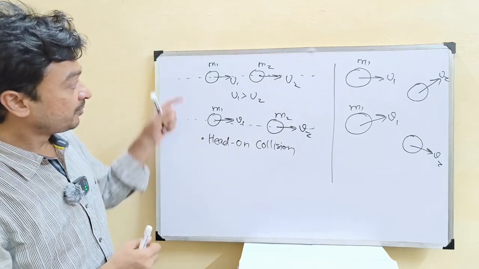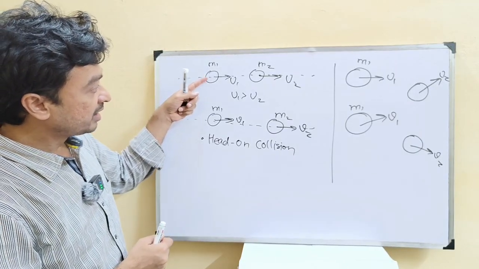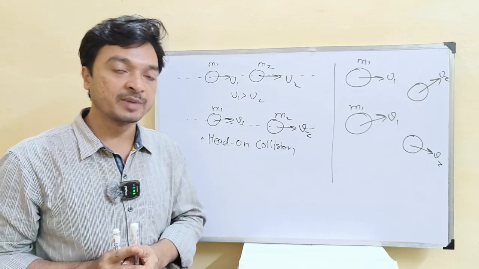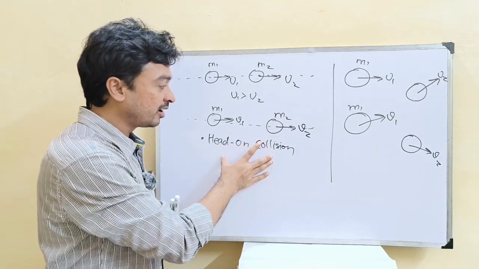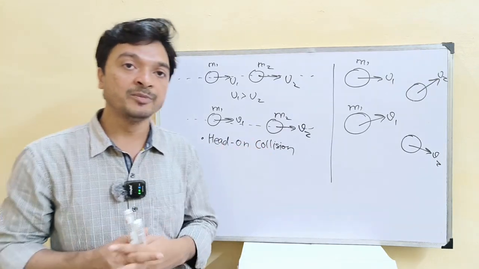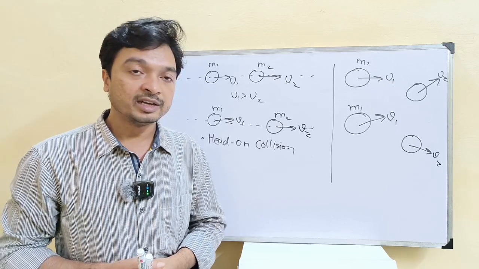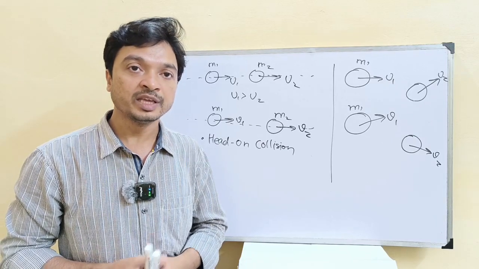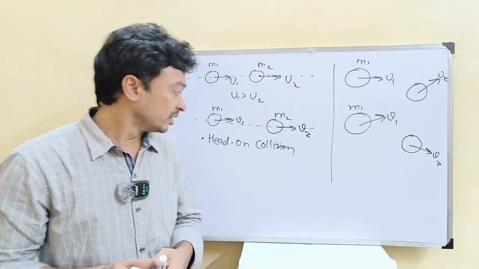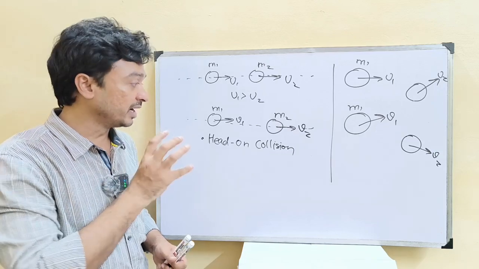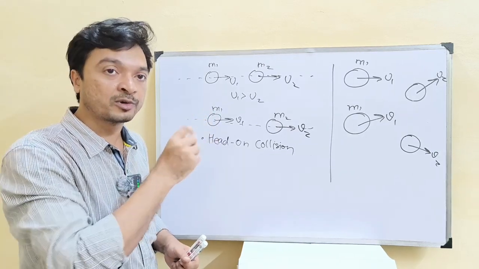Here we have the concepts of velocity of approach and velocity of separation. For head-on collision, Newton defined a term called the coefficient of restitution, which defines the extent of collision.